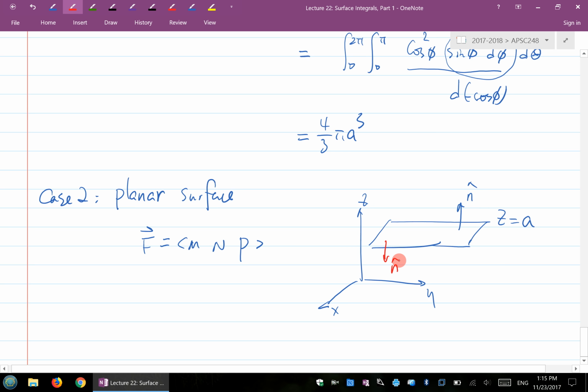Either way is a normal vector. So n hat has two directions. What are they? They're basically positive and negative. What is n hat for this planar surface?